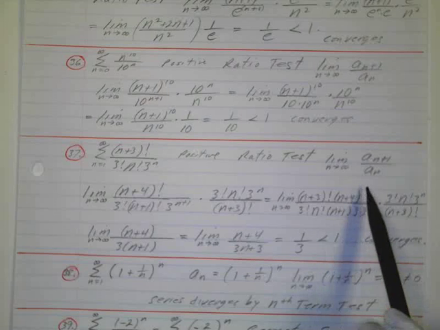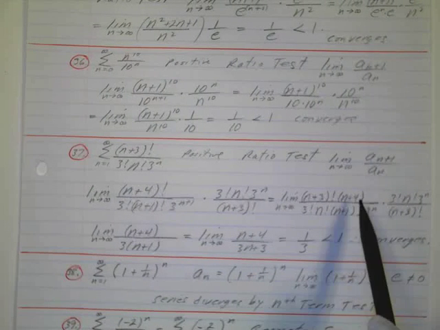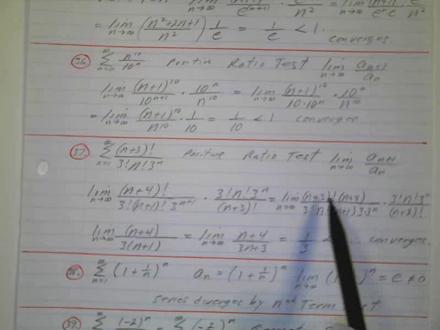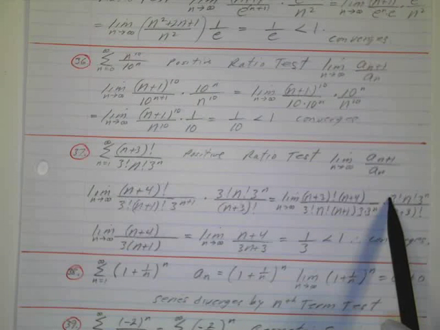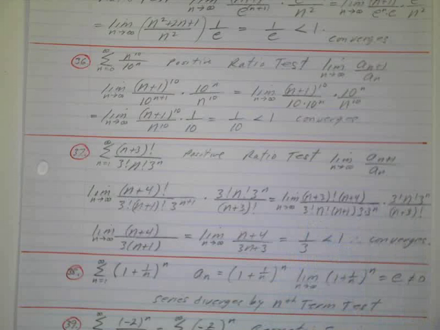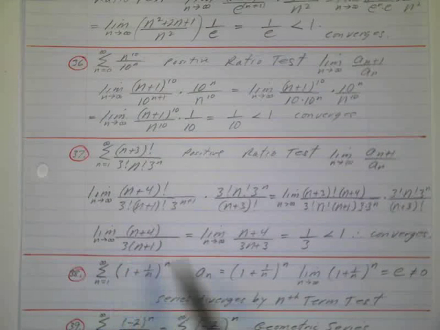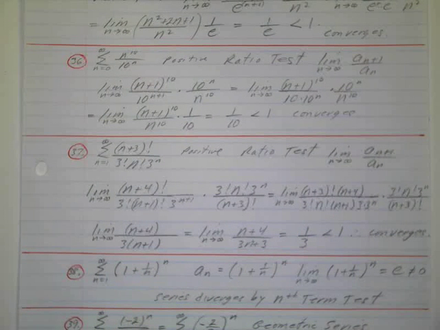All this other stuff canceled. Okay, so I just had left n plus 4 on top, and on the bottom I had 3 and n plus 1.